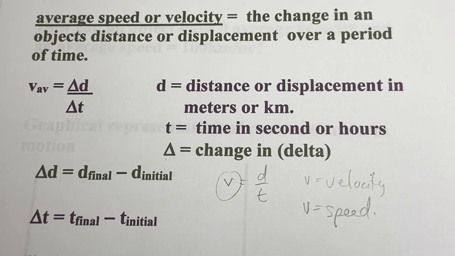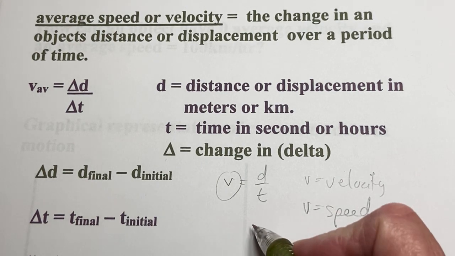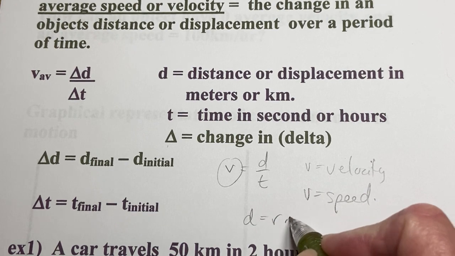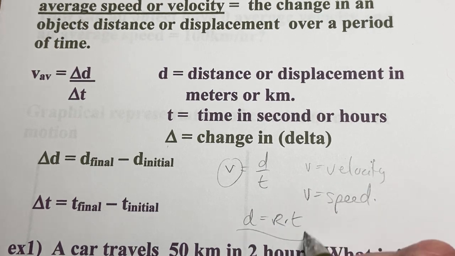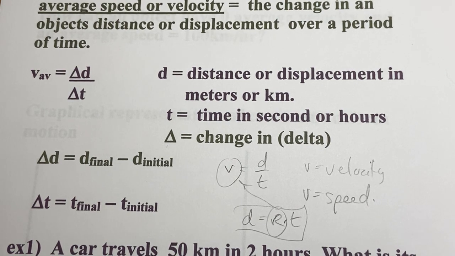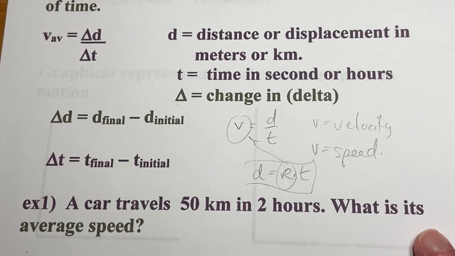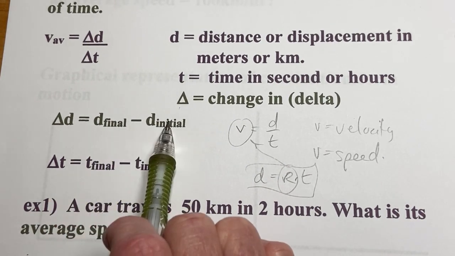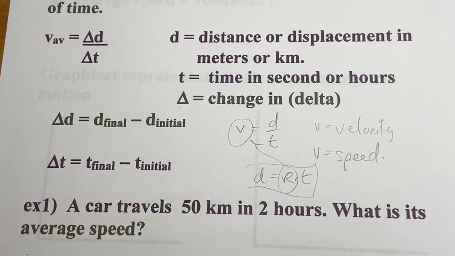And you had this problem in middle school. Distance equals rate times time. That's the same formula. The rate is the same thing as a velocity, so it's just cross multiplying. So this is not really a new formula.